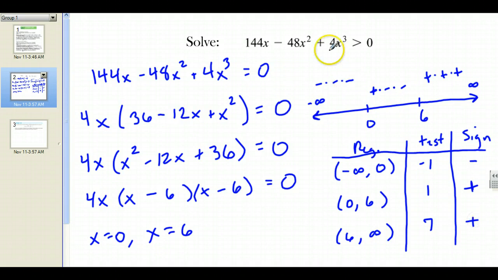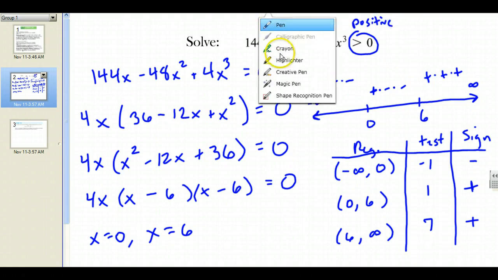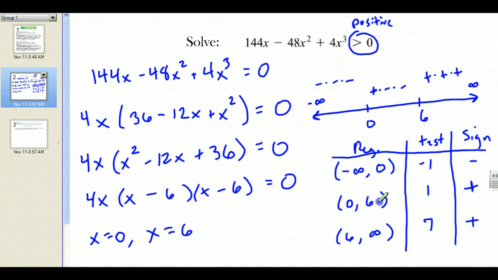And what are we looking for? We're looking for greater than 0. The numbers that are greater than 0 are positive numbers, so we're looking for the positive numbers. That means there's a positive, so there's part of our solution.